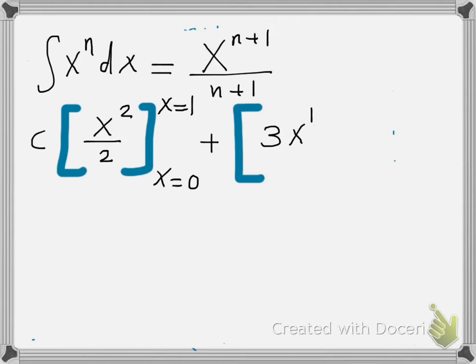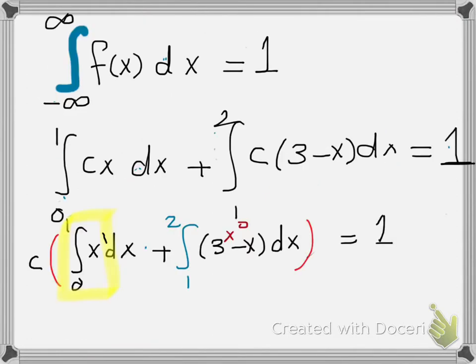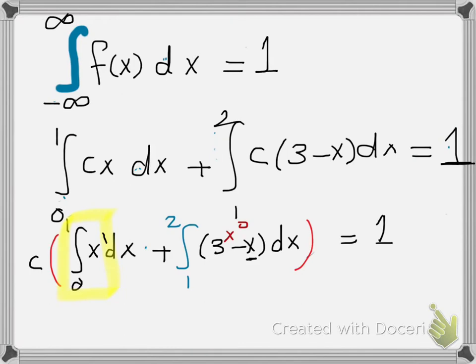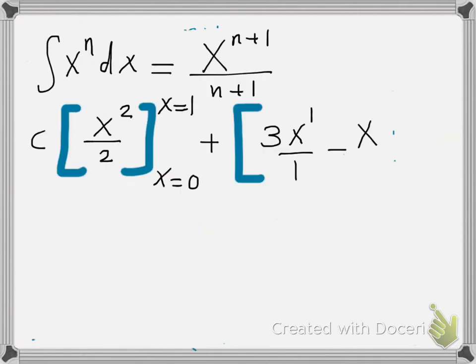Plus the integration of this x, it's not plus, it's minus in the function, so we'll write it with a minus. Integration of x is x squared divided by 2, and then we close the bracket and we say that for the second integration, x lies between 1 and 2.